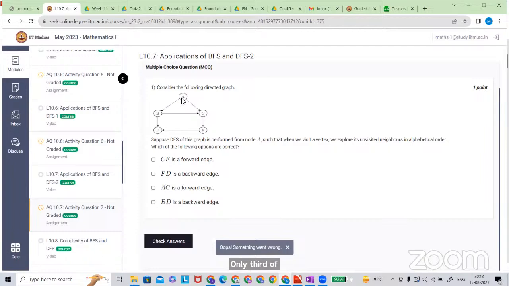We can check whether an edge is forward or backward. Only see the arrow. If the arrow is from A to B, then it is forward. Only the arrow will decide forward or backward. No, it is not true, right?